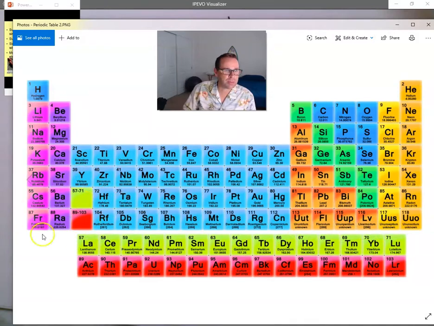See this green box and this pinkish box down here? These are placeholders for these lower inner transition metals, we call them. We'll make sure we understand them later on, but they're all metals.